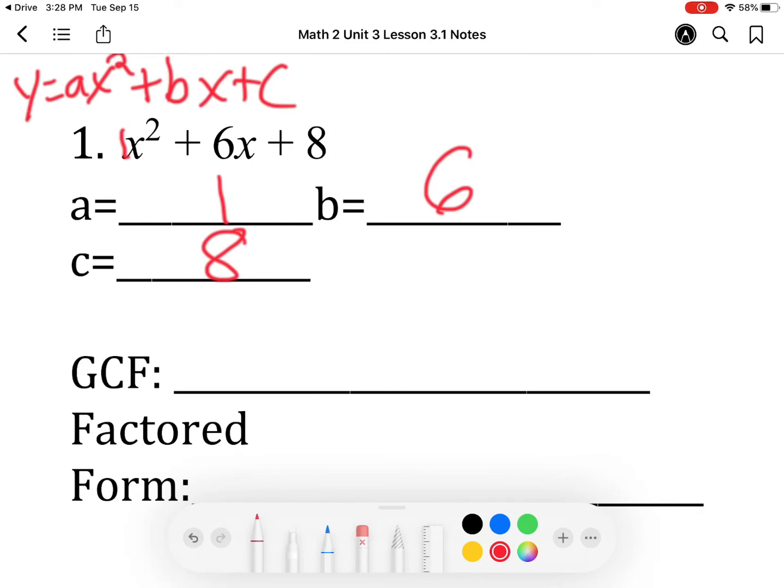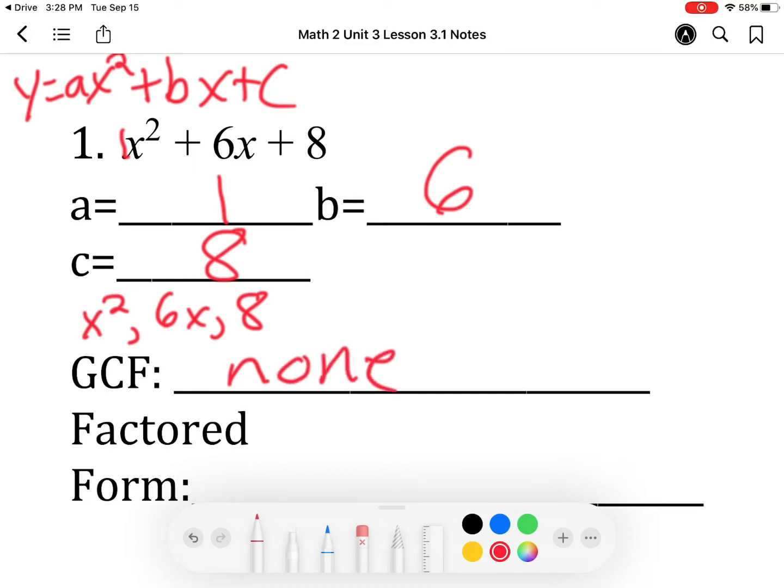So do we have a GCF? Looking at x squared, 6x, and 8. No, we do not have a greatest common factor. All 3 of them do not have a variable, and we cannot divide the numbers by anything other than 1 and get whole numbers. So there is none.